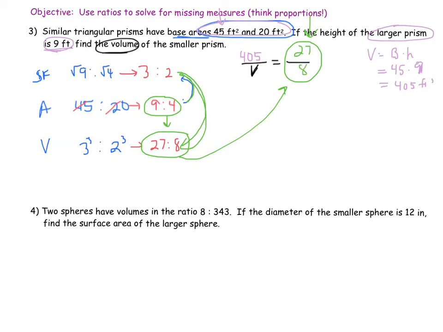Now we're down to just the cross multiply and solve. And I'm just going to go ahead and tell you that your volume comes out to be 120 cubic feet. Go ahead and check if you want and do the cross multiplying right there. 120 cubic feet for your volume.